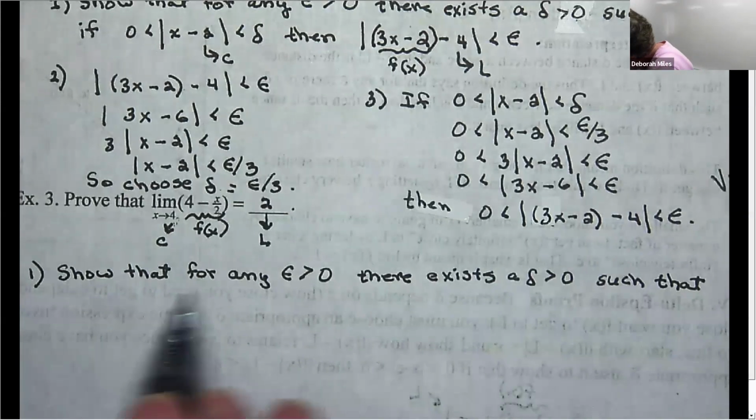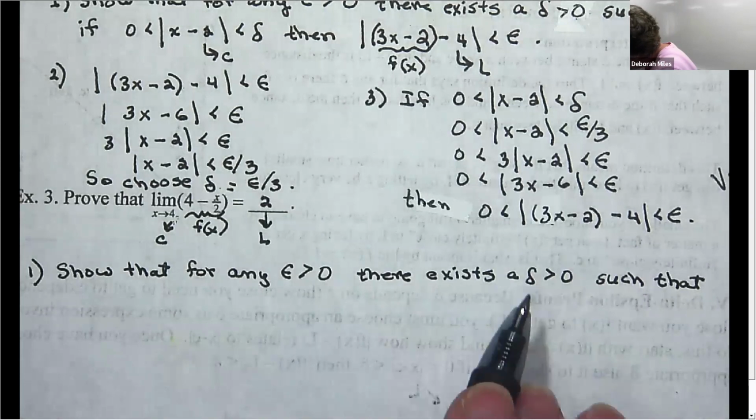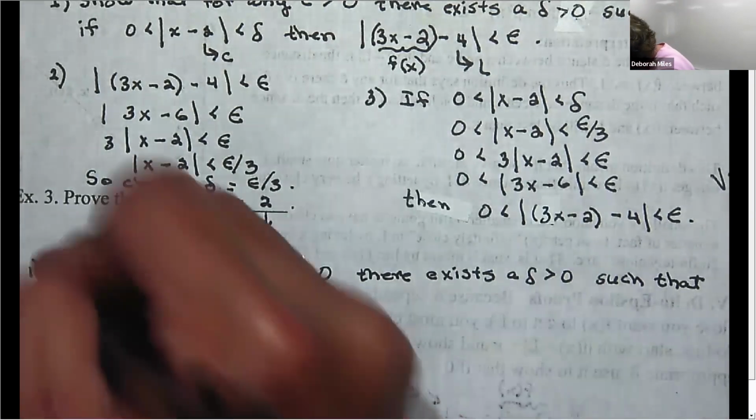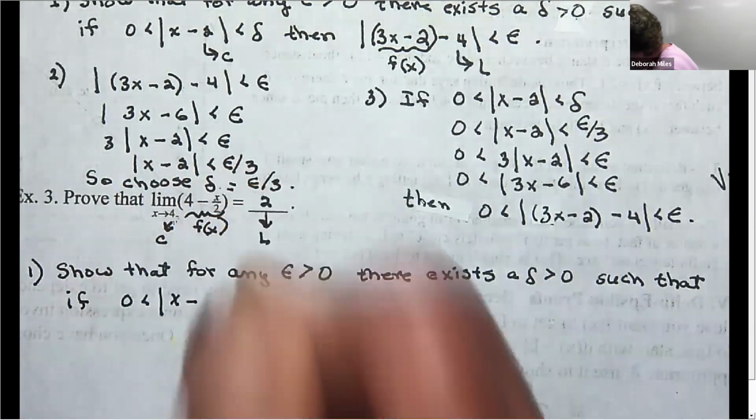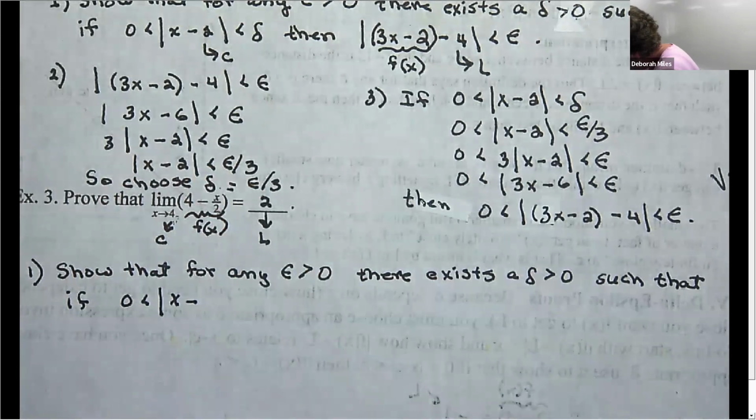Show that for any epsilon greater than 0, there exists a delta greater than 0, such that if absolute value of x minus c, what are we putting in for c?